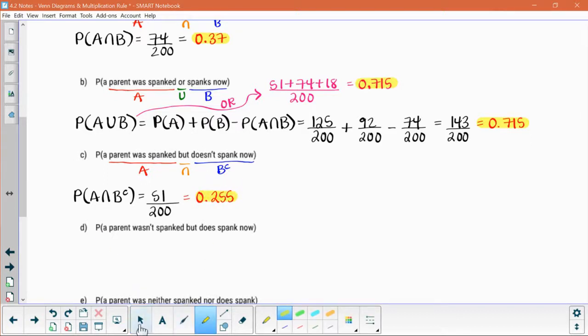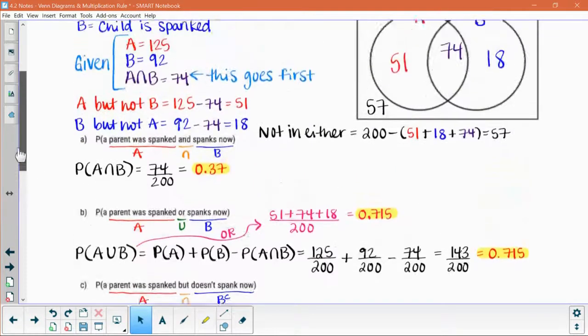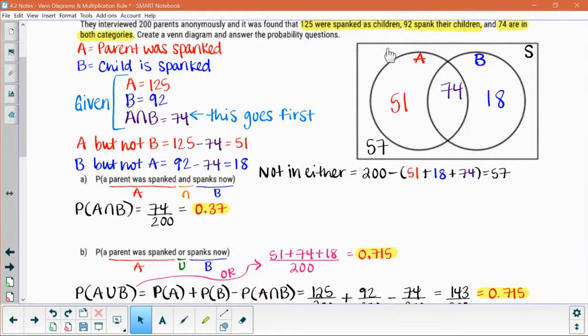And for D, what is the probability that a parent wasn't spanked, but so A complement, but, and we're considering this as an and for now, does spank now. So A complement and B. So remember, A complement is everything outside of circle A, but I also want to be in the B area.